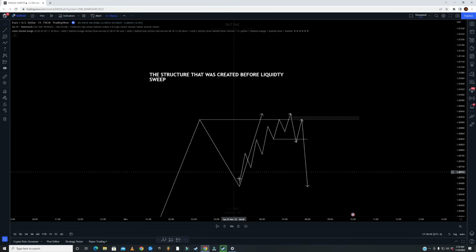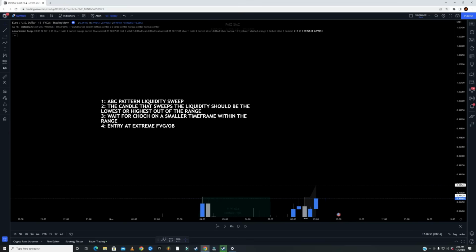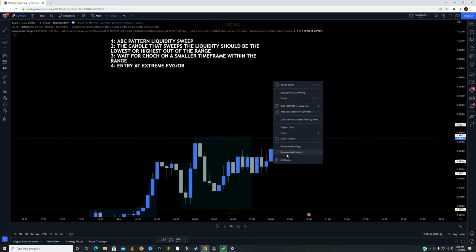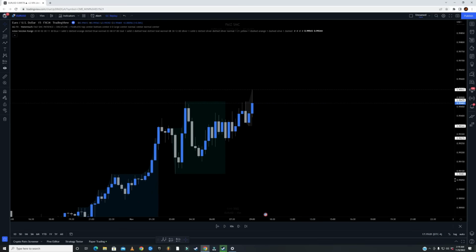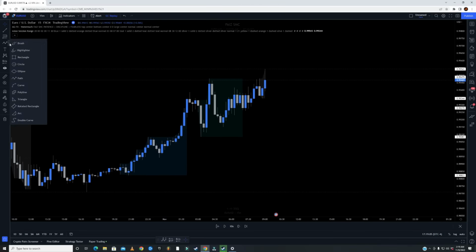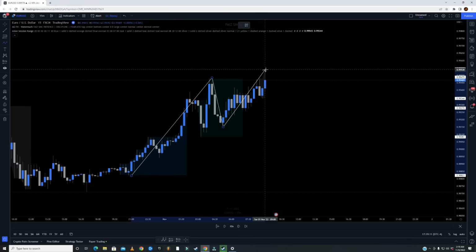So yeah, this is very simple, guys. It might sound a little complicated to you. I hope I explain it well, but I'm going to explain it in a very good way now. What we have is the A leg, then the B leg, and then the C leg.